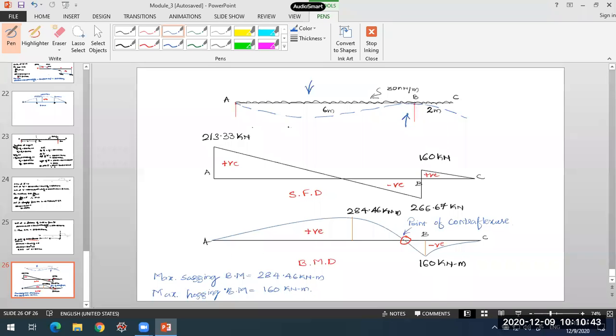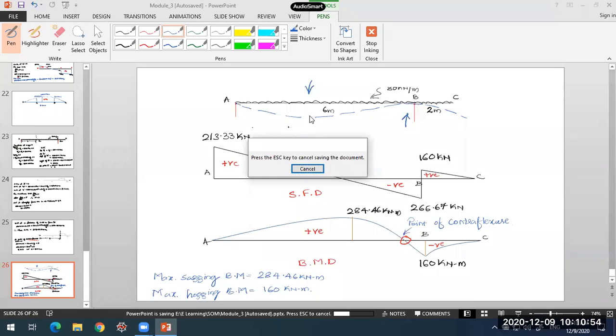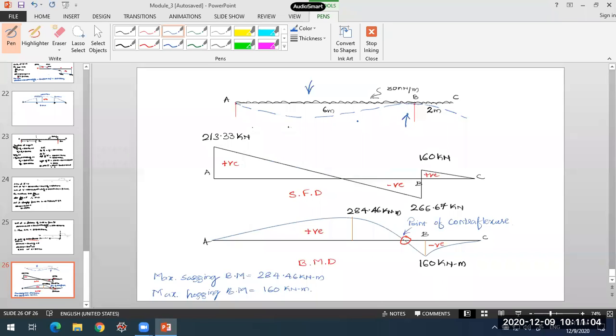So maximum hogging we have indicated by a negative sign. If you have drawn the shear force and bending moment diagram, this is how it should look. You don't have to draw this deflected shape here. That will be covered in a different module, deflection of beams.